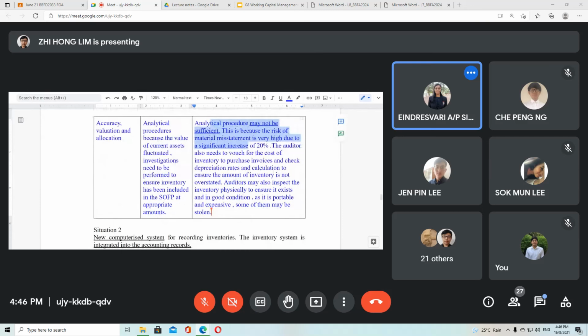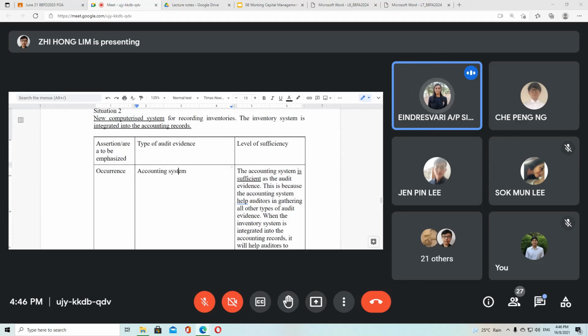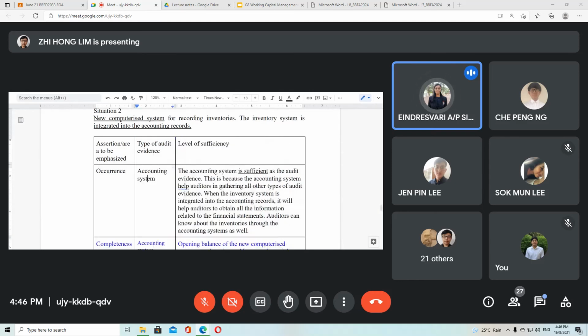Okay, second, scroll down: a new computerized system for the inventory recording. So what is your assertion, and then what will be your procedure here? How do you know whether the new computerized system to record the inventory is reliable, can be trusted or not?